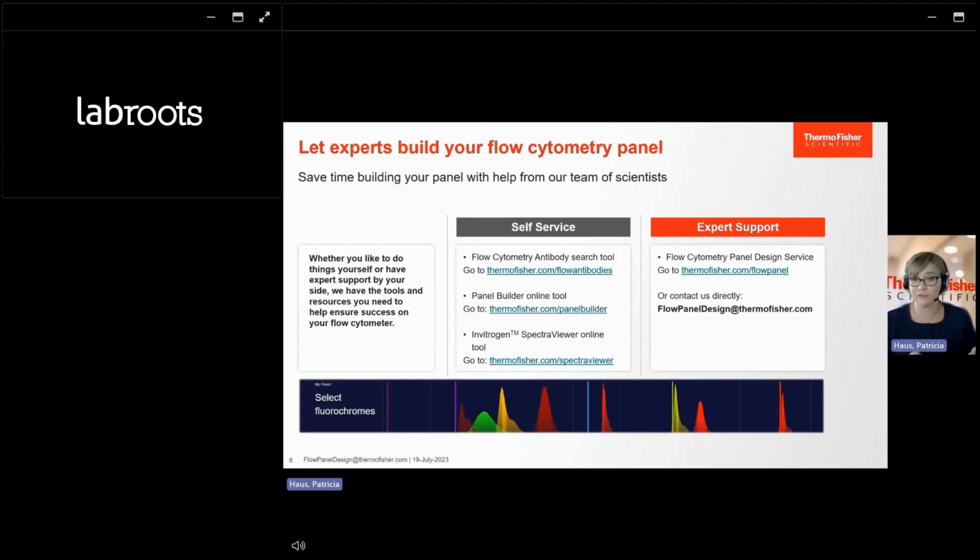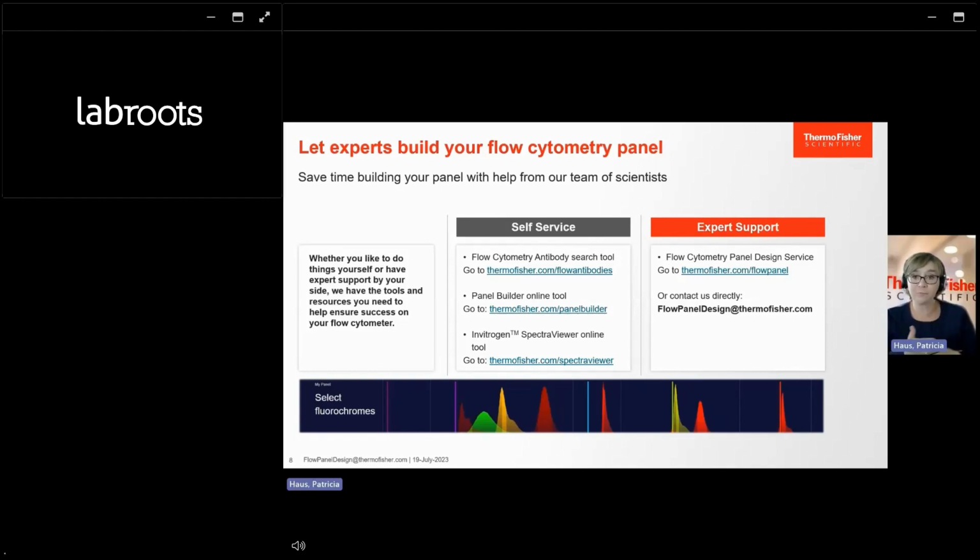Let's have a look into the self-service. What you can find here are 3 of the most popular tools if you want to design a panel. The first one is the antibody search tool, which allows you to search for products, especially antibodies, and makes it very easy to narrow your search down. On the other hand, we offer our panel builder tool.